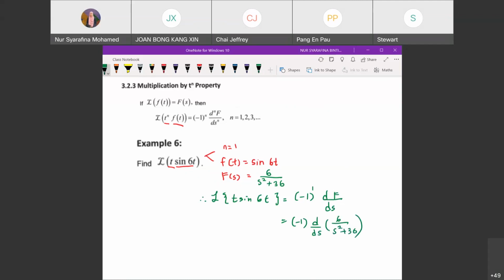Differentiating this with respect to s will give you -12s over (s squared plus 36) squared. Multiplied by -1, that will give you 12s over (s squared plus 36) squared. All right.